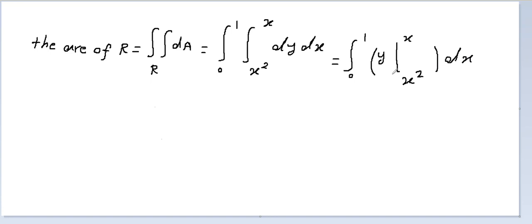Okay, so let's continue here. So we have the integral from 0 to 1. The integral of dy is y, from x squared to x.